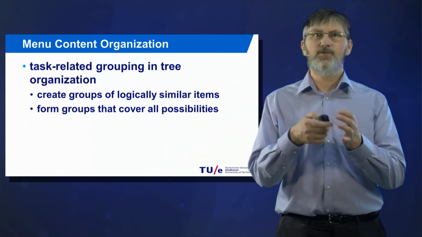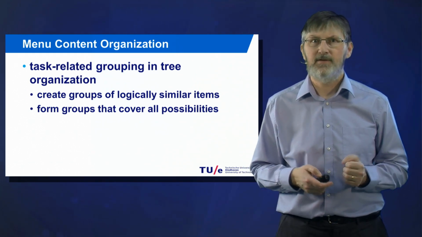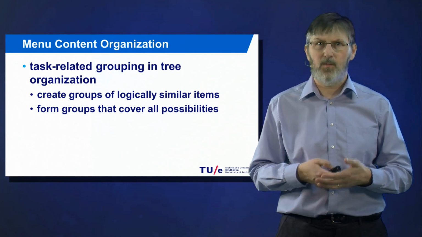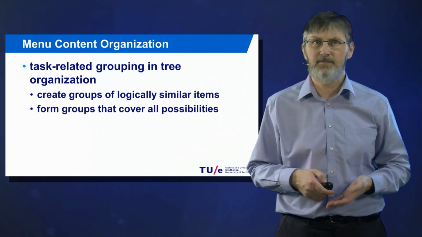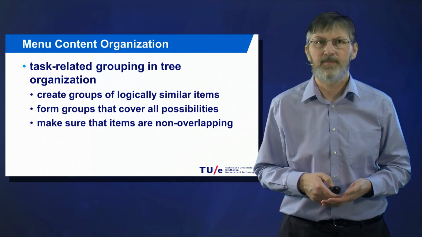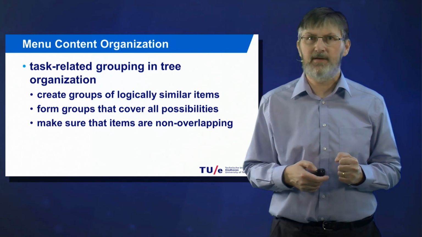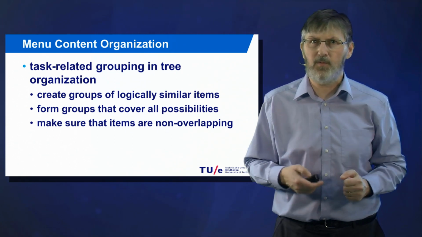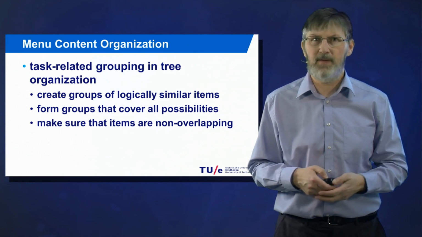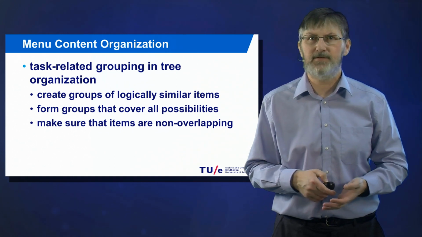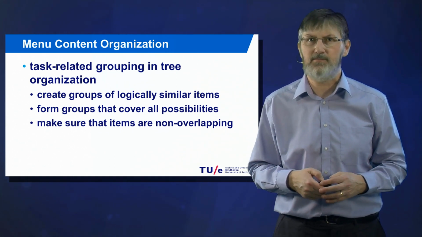The groups should cover all the possibilities to not leave the user wondering where the item that he's missing should be located. We also have to make sure that items are non-overlapping so that there is no confusion which choice to make when two choices seem to mean about the same thing.